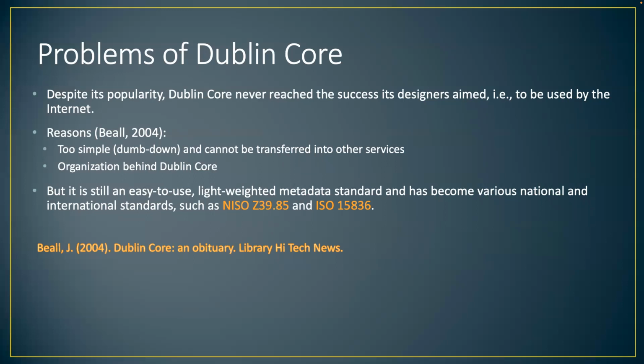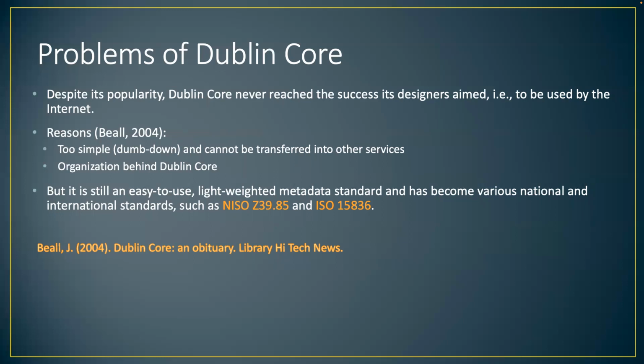So the organization behind Dublin Core is actually very bureaucratic and complex. So this is very bad for information standards to be developed, to be following the trends of the bigger information environment and how the environment will need this standard.